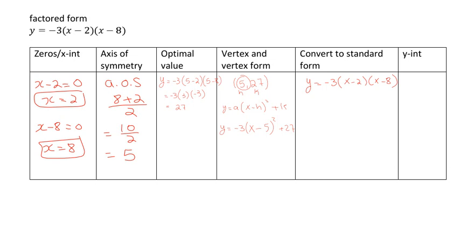Now, my first is going to be what? x times x, which is x squared. Yeah. Then negative 8x, and then negative 2x.